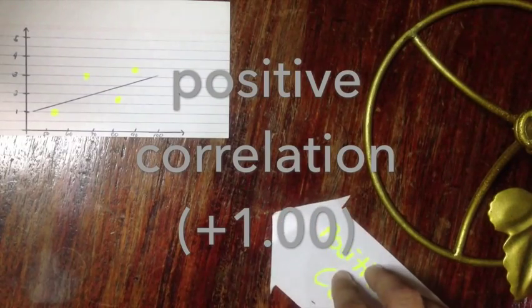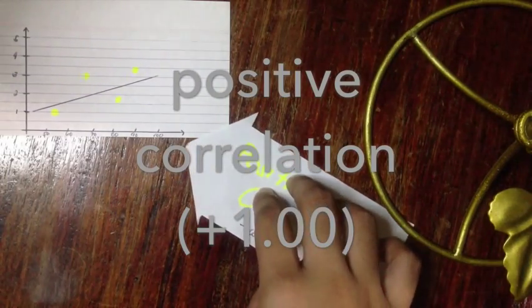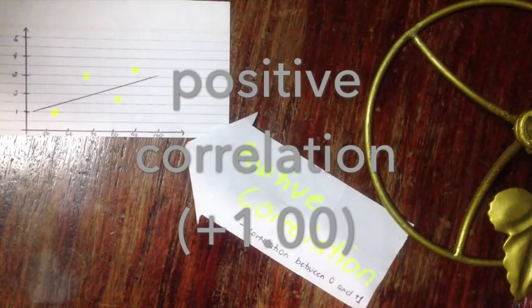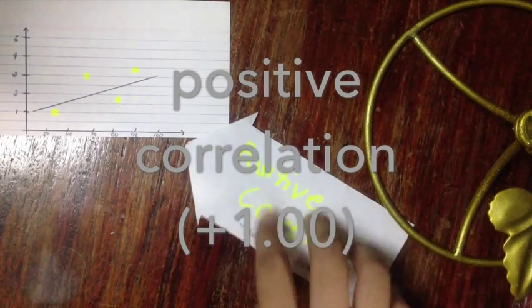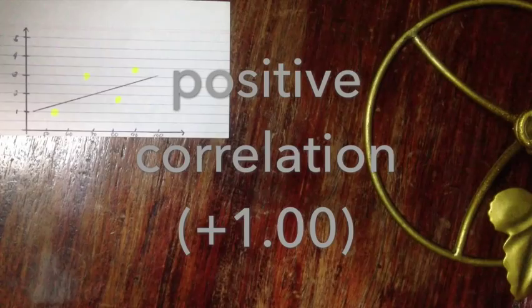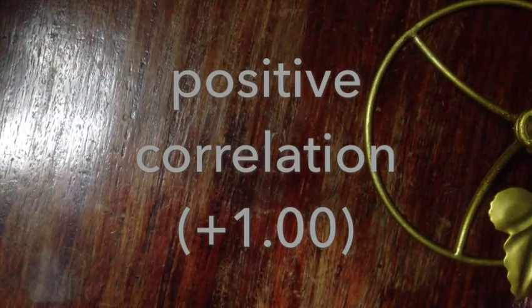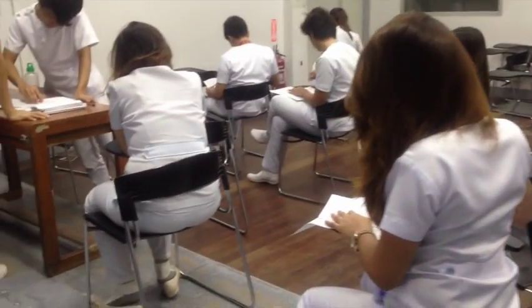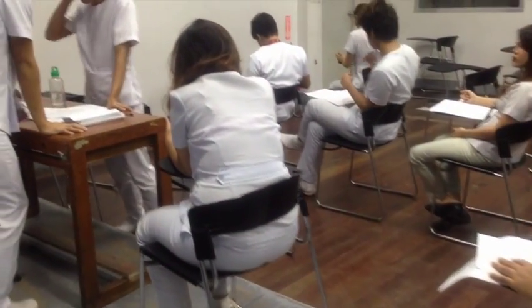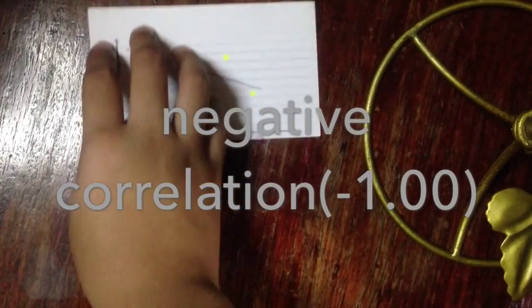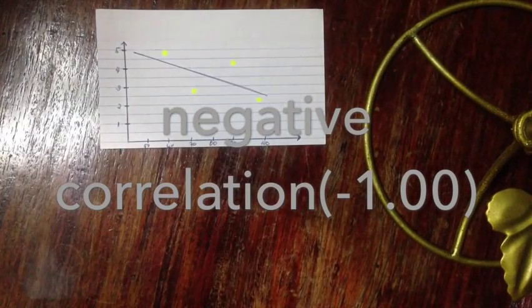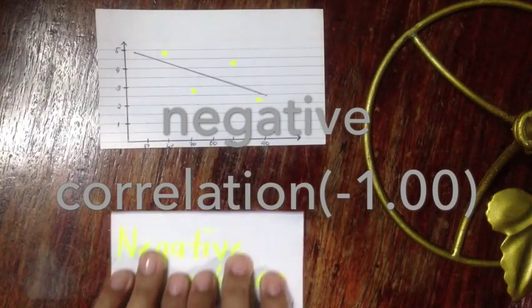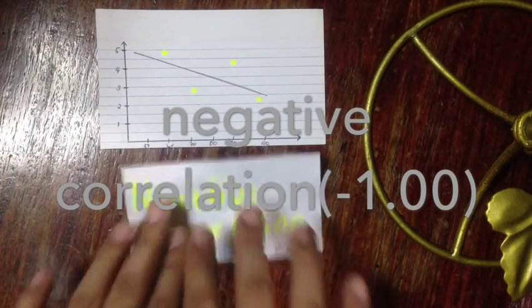Positive correlation is represented by +1, which means each person occupies the same relative position in both variables. Next is negative correlation, that is represented by -1.